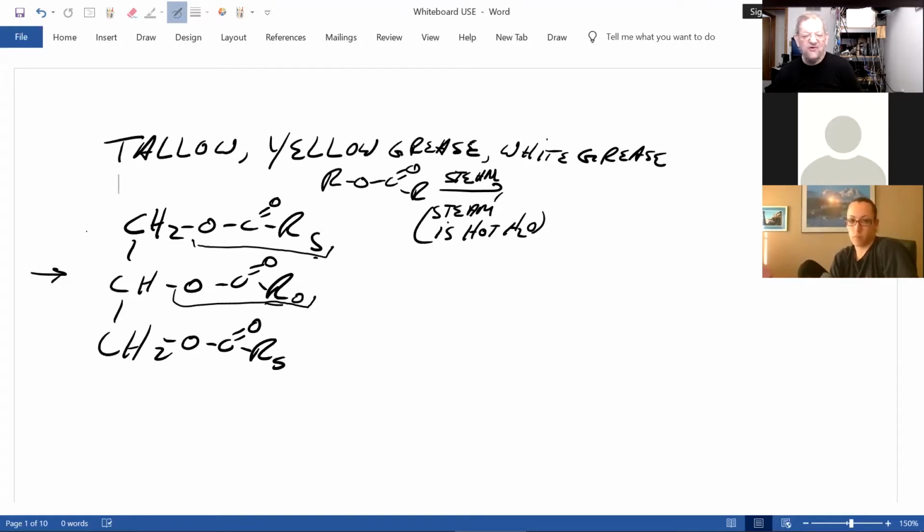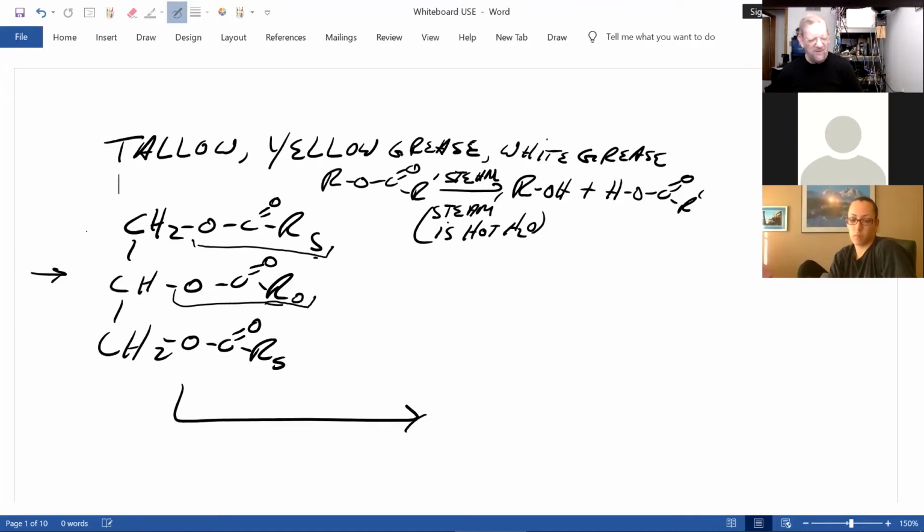This is the same as acid hydrolysis, except you use steam instead of acid. You get back the alcohol plus the carboxylic acid you would have used to make that ester. And therefore, I'm going to make you work from the start. What would be the product or products, organic products, for this reaction? Ready, set, go.